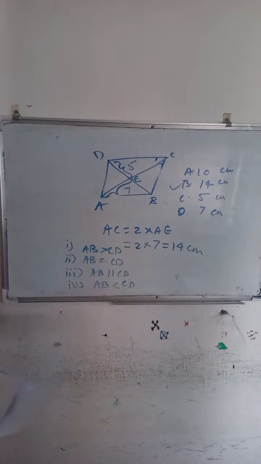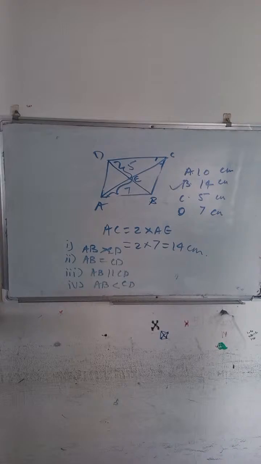Okay, so these are the options given, and they are saying AB and CD are chords of the circle, and they are equidistant from the center, then the chords are what? We did this theorem now.